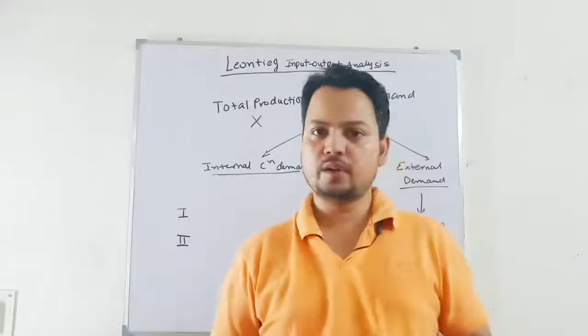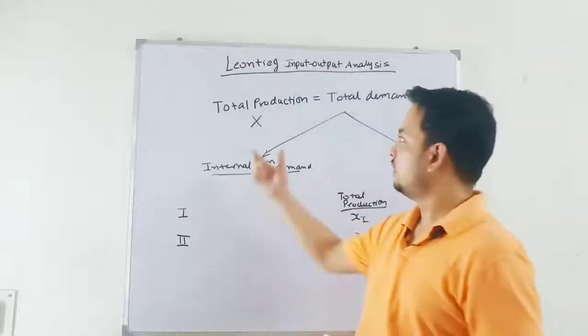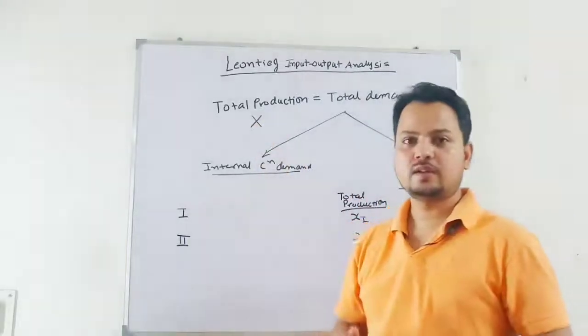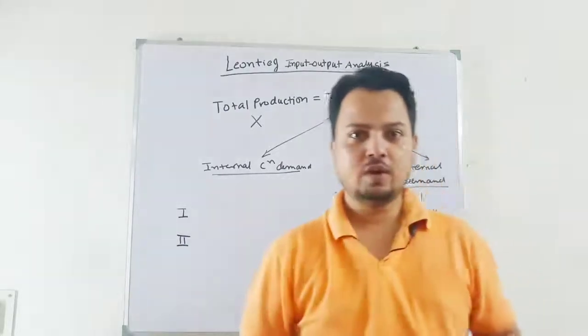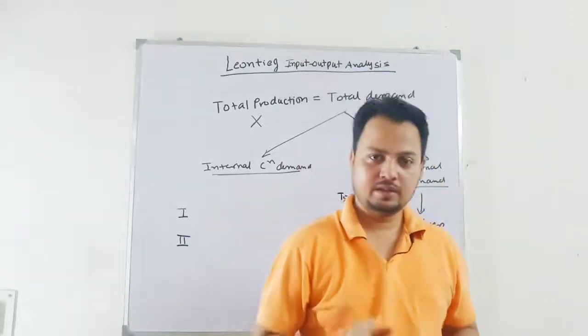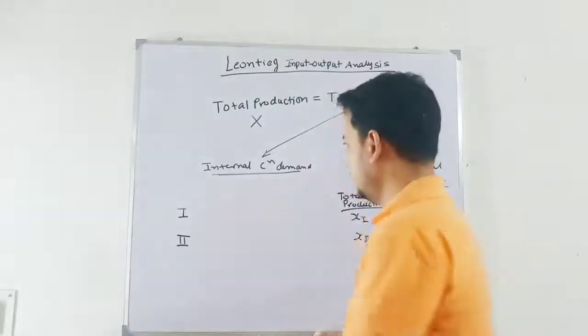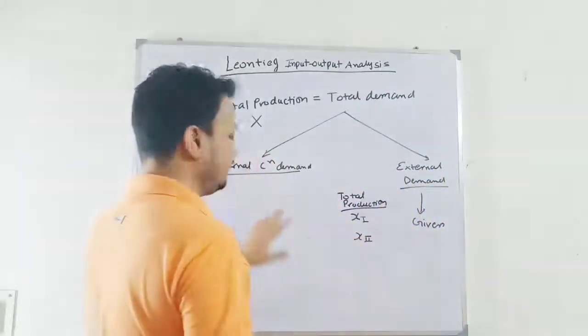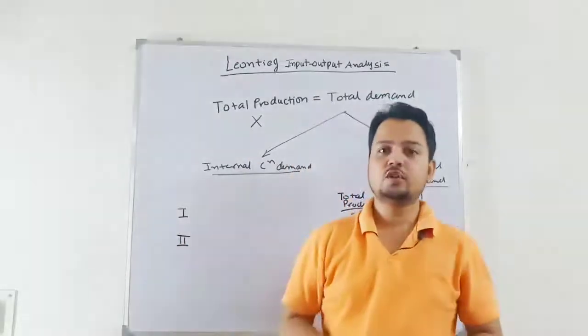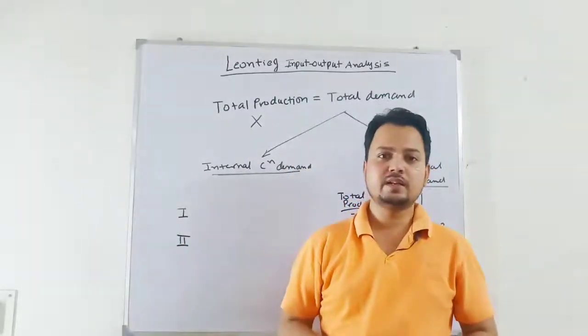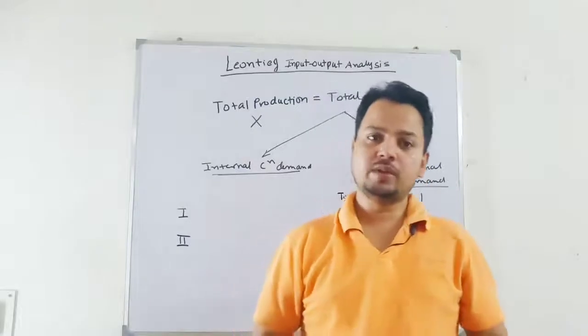We are doing input-output analysis, and most of you know that total supply equals total demand. In basic economics, all of you have done total supply equals total demand. Here we will elaborate that concept, because in the general equilibrium framework there is interdependency between industries.